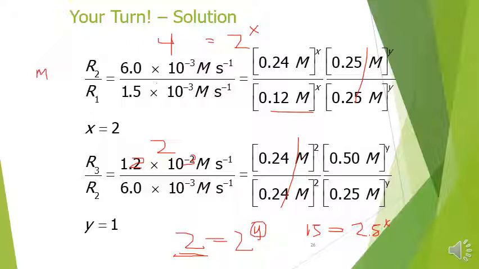So in this case, you would take the log of both sides. So it would be log of 15 equals x times the log of 2.5. And then x would be equal to log of 15 over log of 2.5.